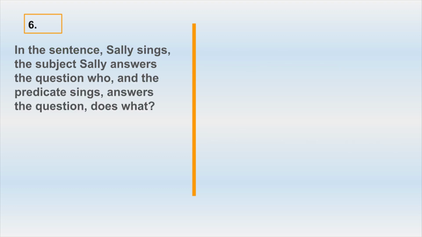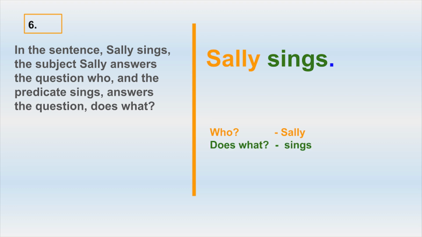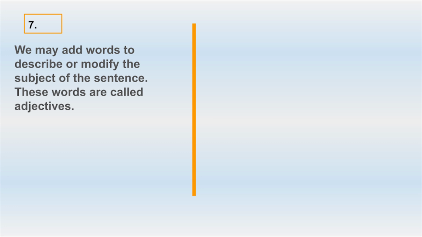Number 6. In the sentence, Sally sings, the subject, Sally, answers the question, who? And the predicate sings answers the question, does what? So, who is Sally and what does Sally do? Sally sings. Number 7. We may add words to describe or modify the subject of the sentence.